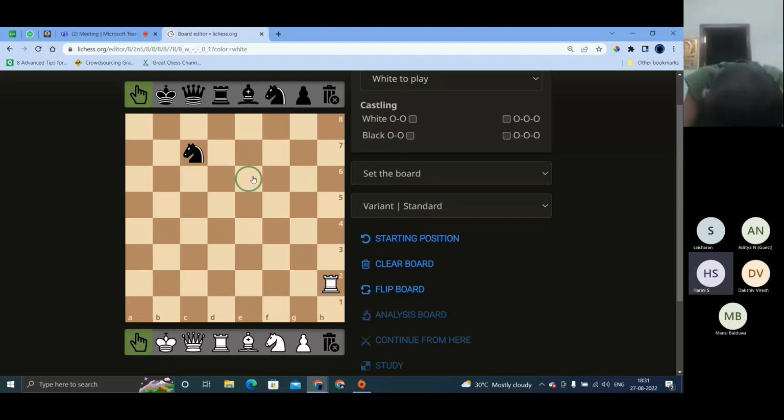Then you will go to g5. From here, two steps and it lands to the side. It has nothing to do with these two steps; it only cares about the landing square. So this is the landing square. Then e4, I think.